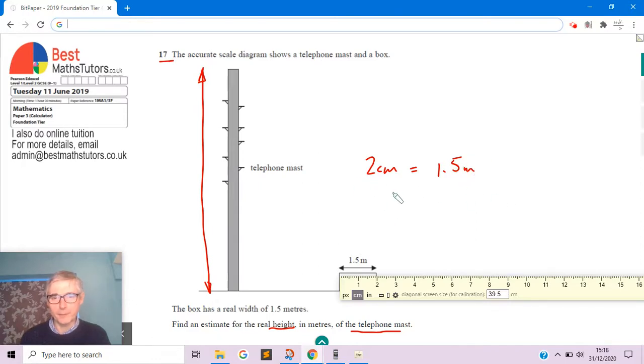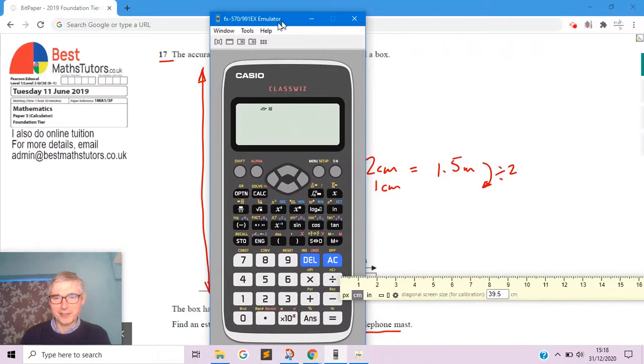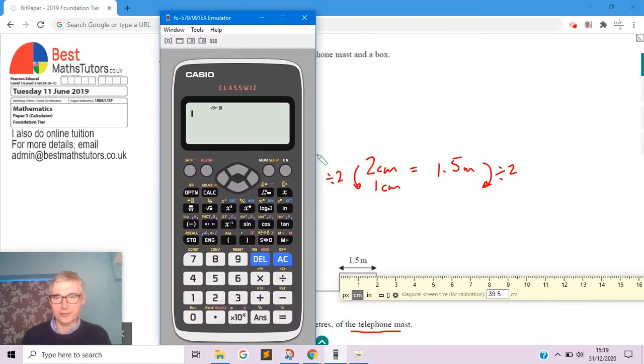Because we know that, we can then find out what 1 centimeter would be worth. If I divide both sides by 2 to get from 2 to 1, I've got 1 centimeter on that side. And if I divide this side by 2, I could use my calculator, just in case it was a more complicated calculation.